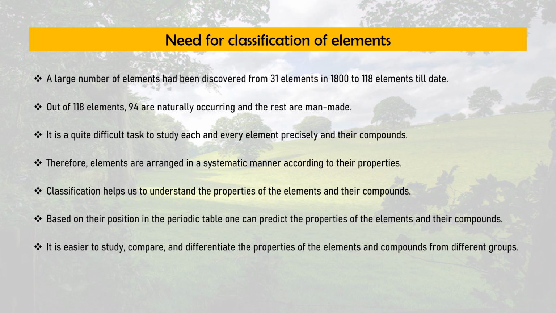Classification also helps us to understand the properties of elements and their compounds. Not only does it help to know about the properties of elements, but it also gives us an idea about whether two elements will mix to form compounds or not. Based on their position in the periodic table, we can also predict the properties of their compounds.